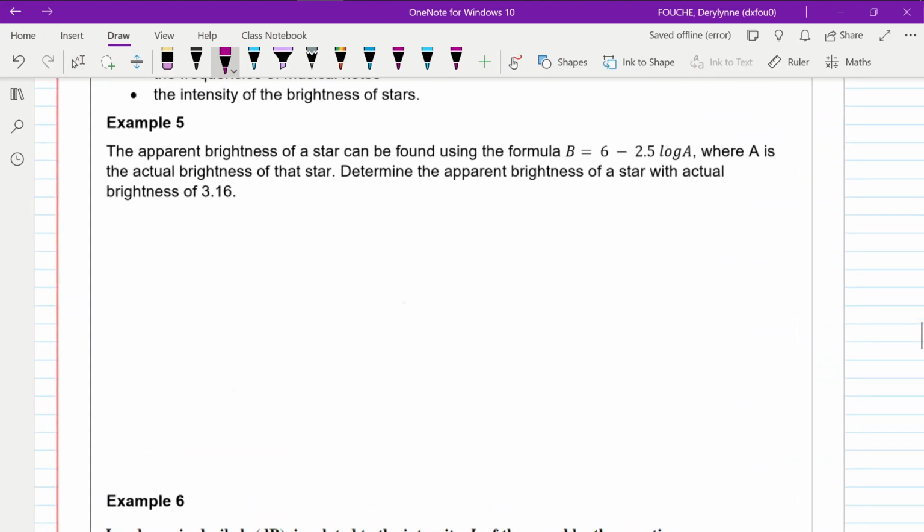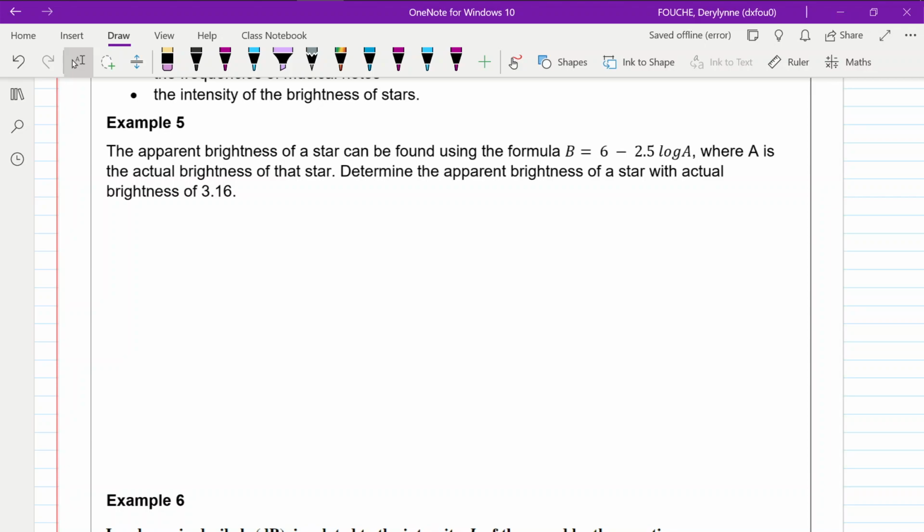All right, log scales help us to deal with incredibly large numbers or incredibly small numbers, and make those numbers accessible to us. So when you're dealing with a log scale type question, most of them are going to be comparing two different events or two different things and working out how much more one part of the scale is compared to another one.